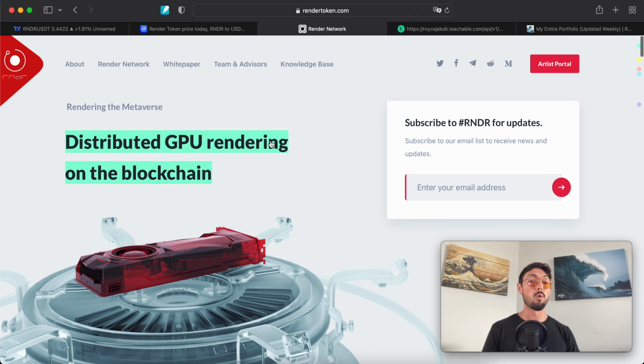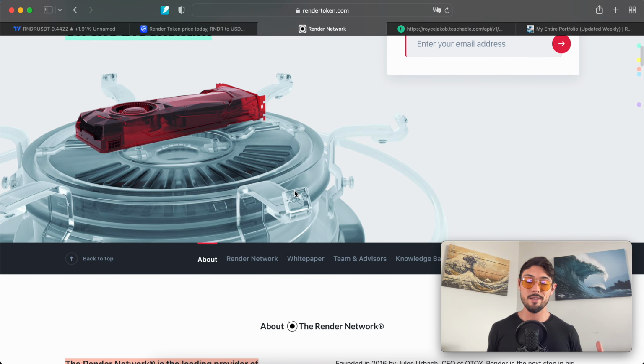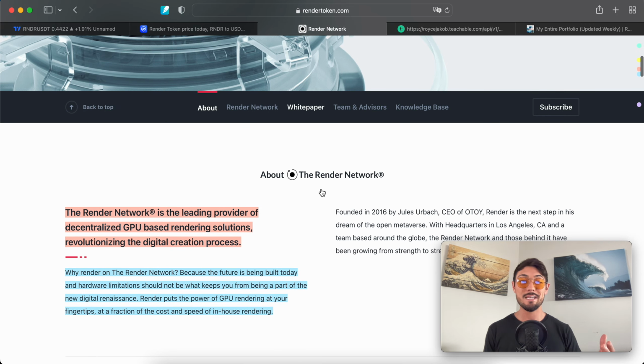Let's get into Render Network, distributed GPU rendering on the blockchain. Again, it's just necessary to remind ourselves. I like looking at this page every once in a while, just reminding myself of why I invested in this in the first place. These same principles apply to so many, not just cryptocurrencies, but stocks, overbeaten growth stocks.